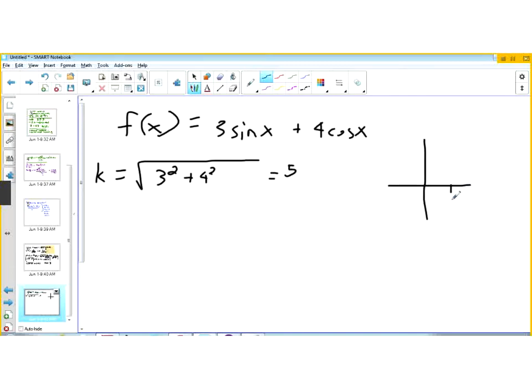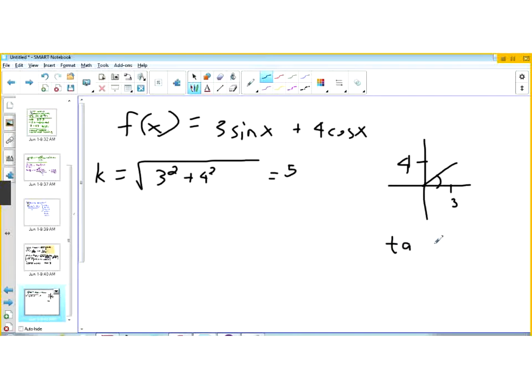In this case, a is the coefficient, so here's a. So a would be 3, and b would be the coefficient on the cosine function. Okay, so we have this, and so it's a quadrant 1 angle.